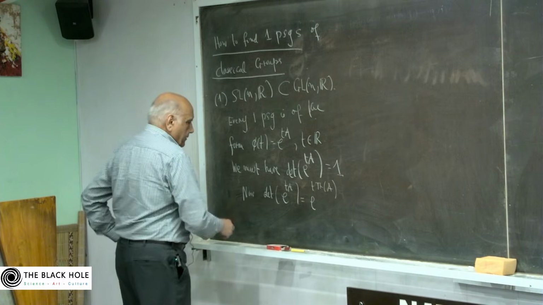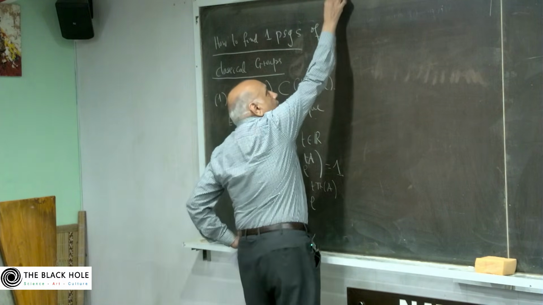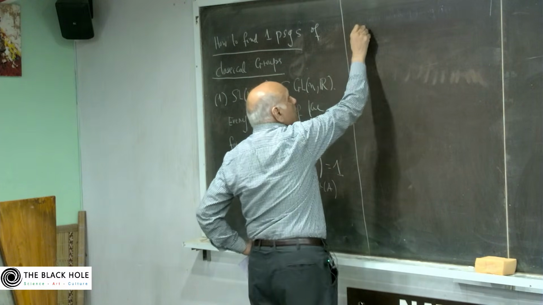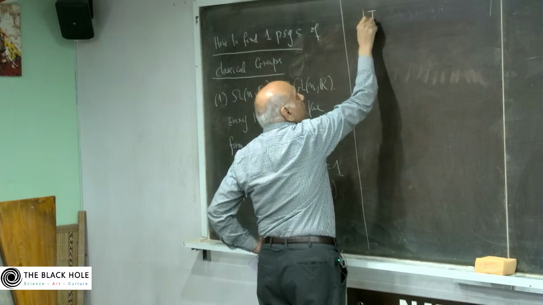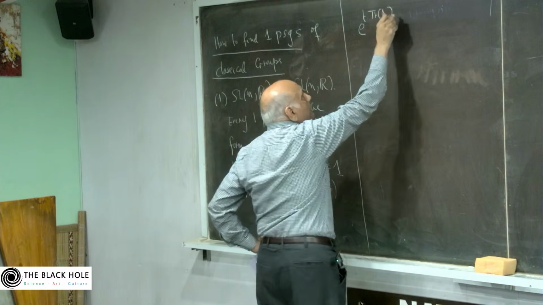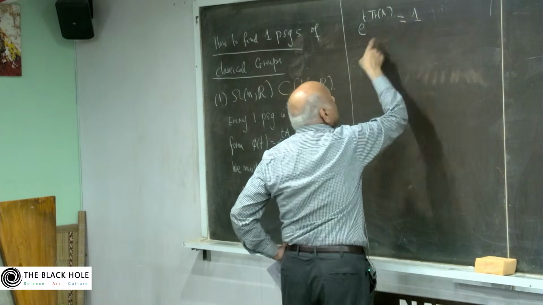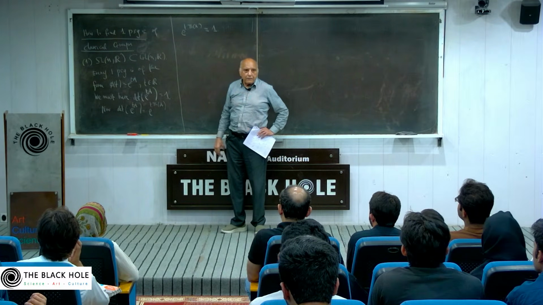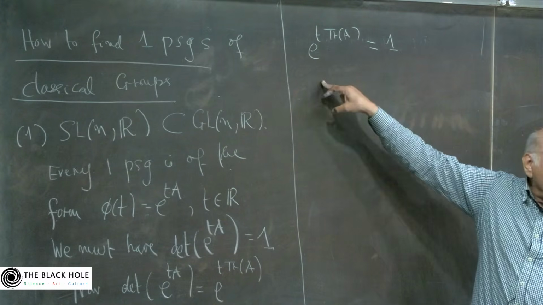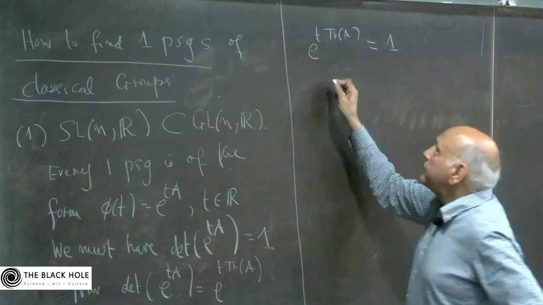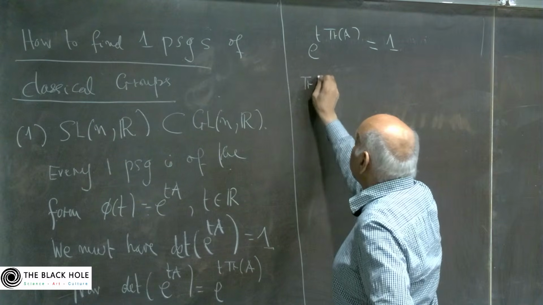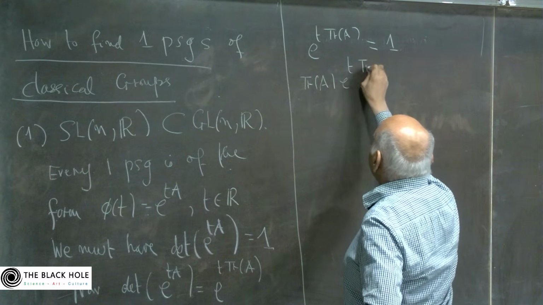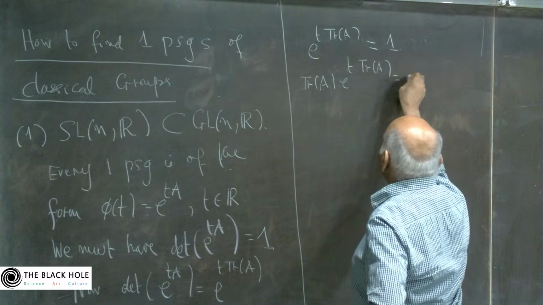Okay, so for this to be a one parameter subgroup, we must have the determinant equal to 1. Differentiate this now. What do you get? Trace of A times e to the power of t trace of A is equal to 0.